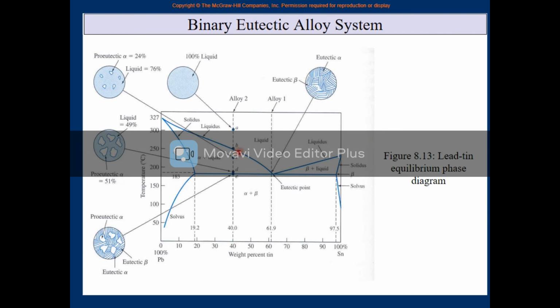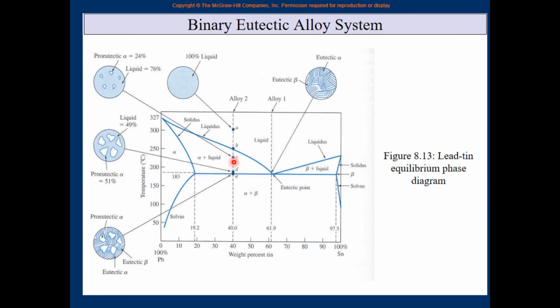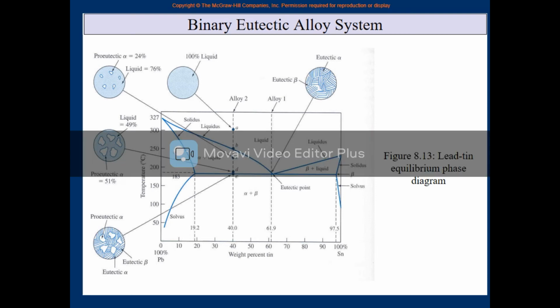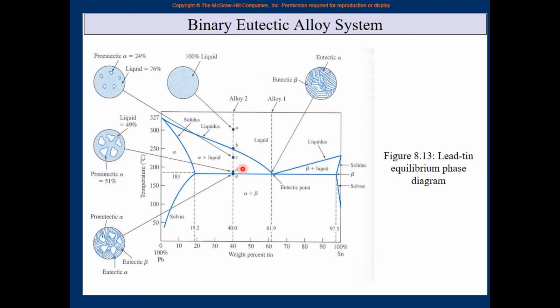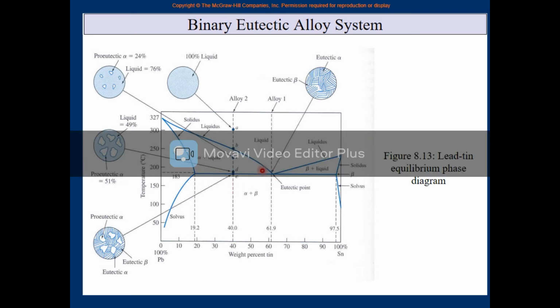If we drop the temperature further, say to this point, then more liquid has turned to solid. If you go to this point D, which is just above the line, it has not touched the line, maybe 90%, 95% of the liquid has changed to alpha, but some 5%, 10% liquid is still there at point D. Once you touch point E, which is exactly on the eutectic temperature, this line, then suddenly whatever liquid was remaining has become alpha plus beta.